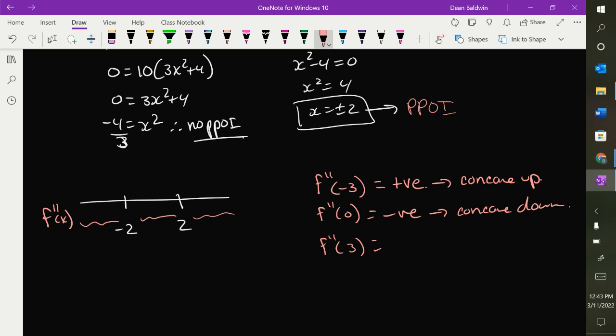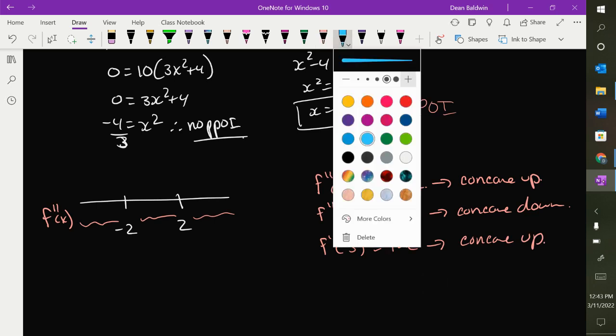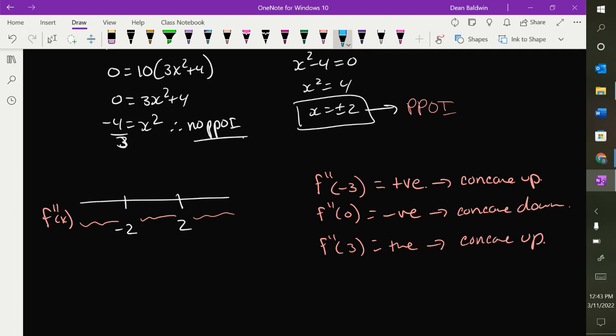And if I put 3 in, I get positive, which means we're concave up. Again, they don't always alternate like this, so be careful. So what I would do on a graph or on a table is I would say this is concave up. Okay. This is concave down, and this is concave up.